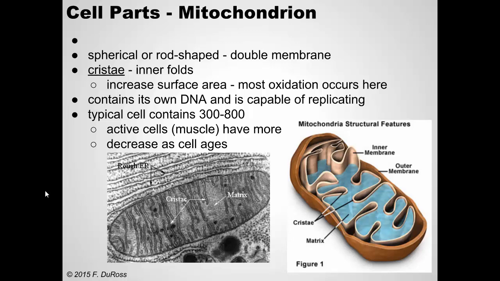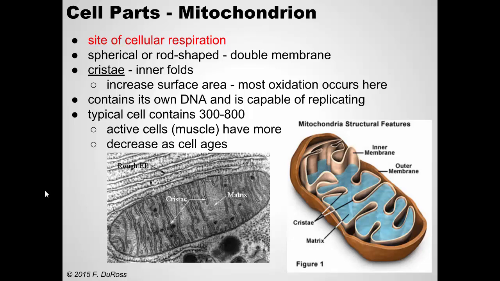Mitochondria. If you remember from 7th grade, what do mitochondria do? Cellular respiration. They release energy. What is the molecule that serves as sort of the energy currency in a cell, Sophia?